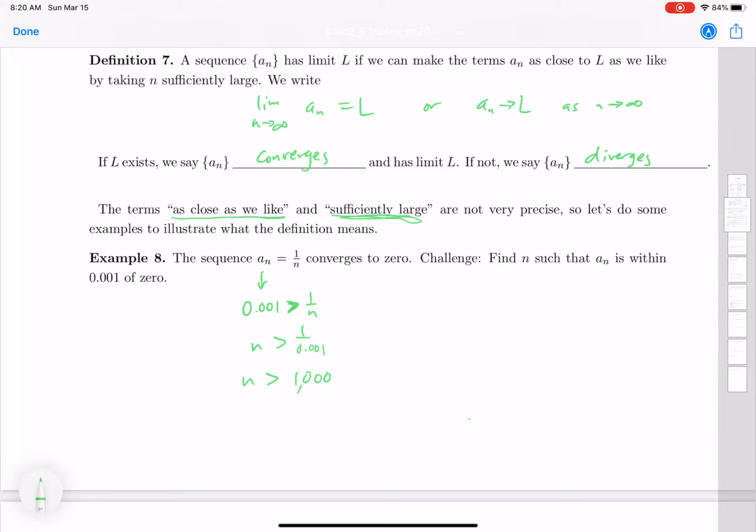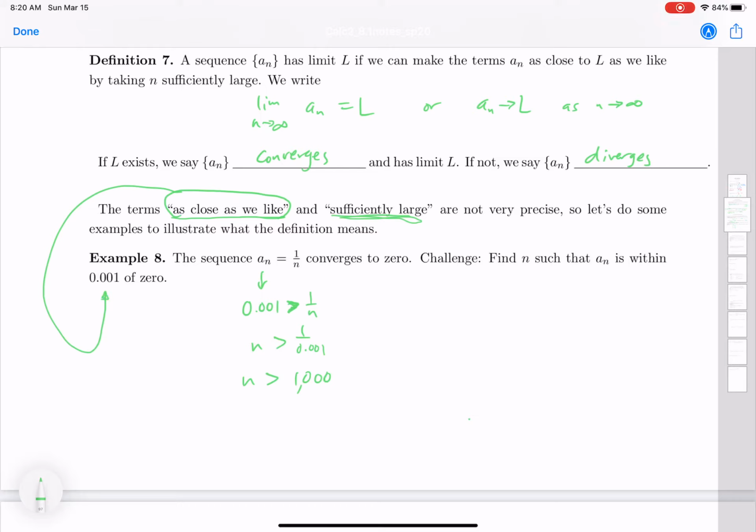So what this means is that for any n value greater than 1,000, my sequence is going to be giving me a value less than 0.001, which is within 0.001 of the number 0. So as close as we like means I'm choosing some number as close to my limit of 0 as I want.